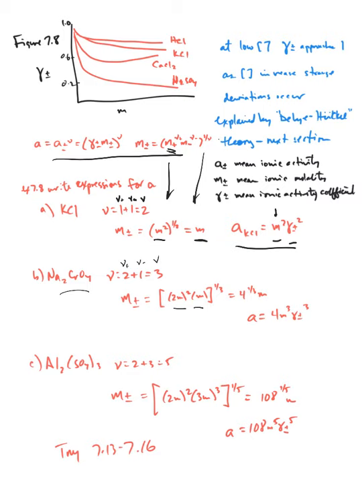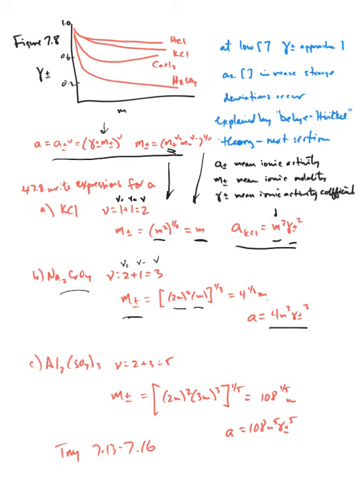If you multiply that through, looks like I got 4M to the third here. And so taking the cube root, I have the cube root of 4 times M is equal to the mean ionic molality. Then when that goes into the expression for A, raised to the third power, the cube root goes away for the 4, and it becomes 4 M cubed, gamma plus minus cubed.